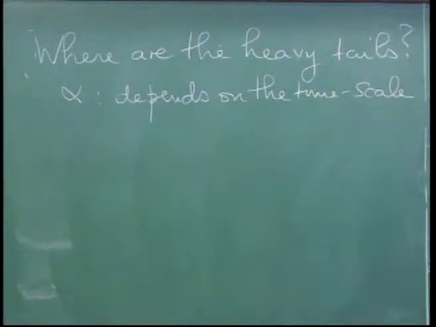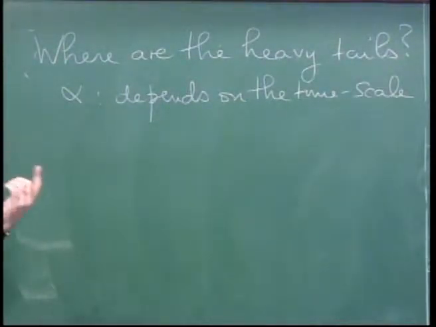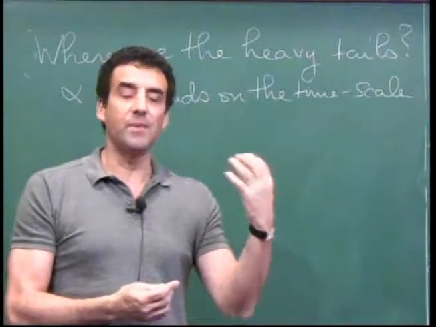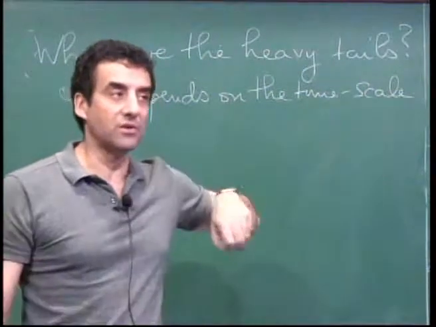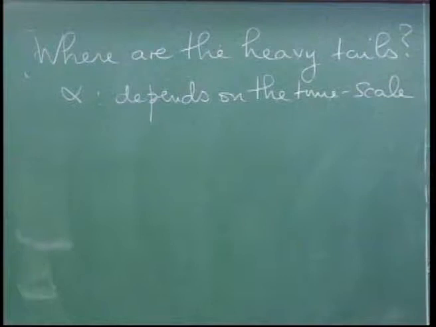So that's a strange thing. So just to be sure that you are with me, if I take this time scale very short, if gamma is close to 0, what would be alpha? And if this time scale is very long, what would be alpha?